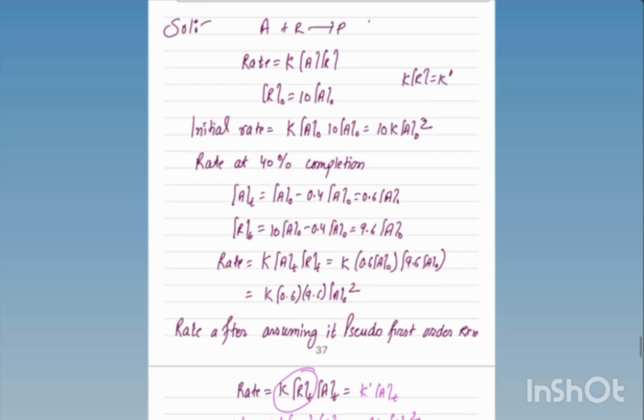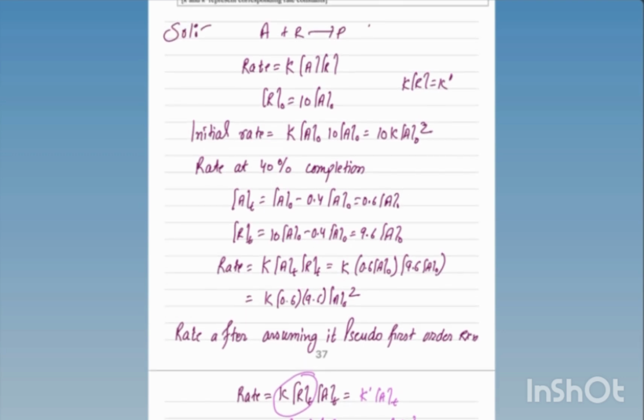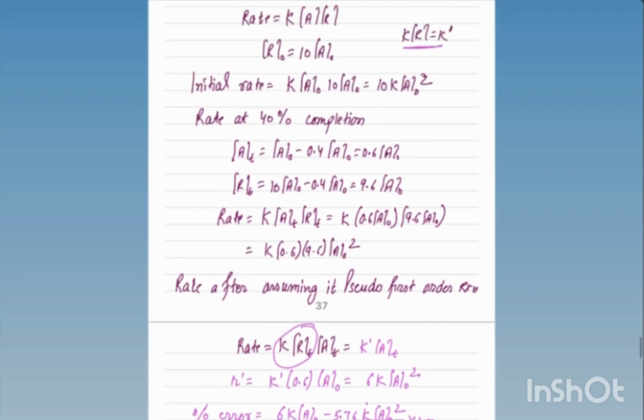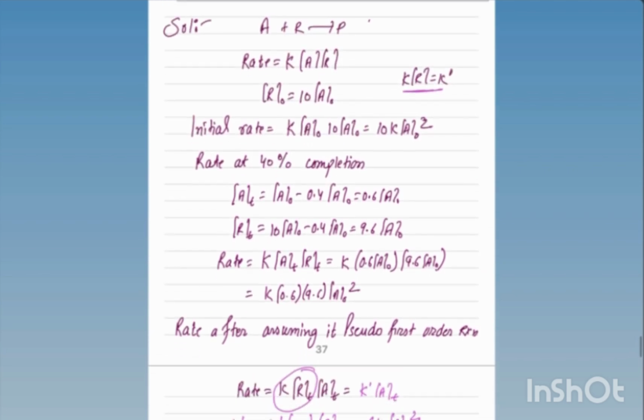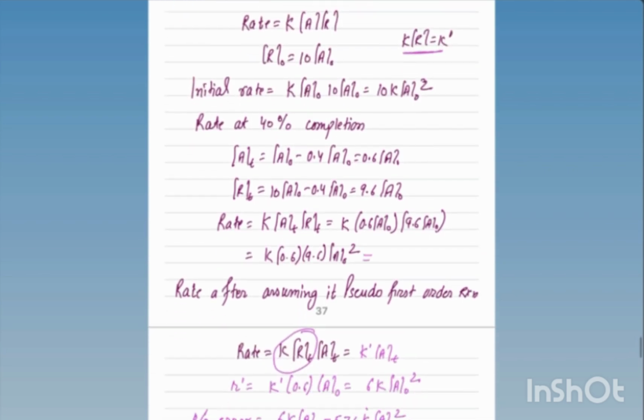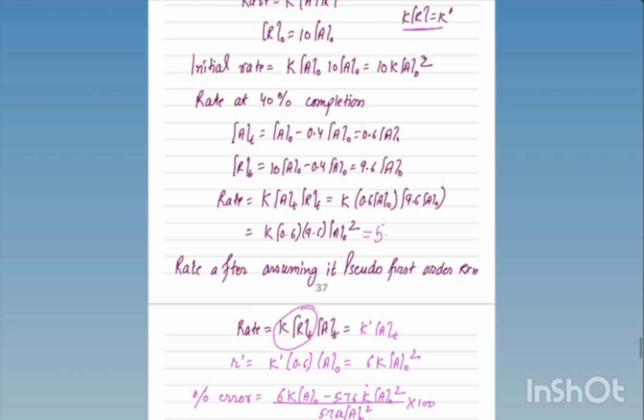So if you see here, we have first calculated the rate by not considering K into R equal to K dash. The rate comes out to be this value, and when calculated, it will be equal to 5.76 K into A naught square.